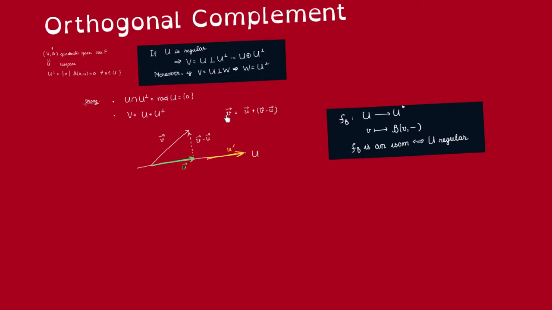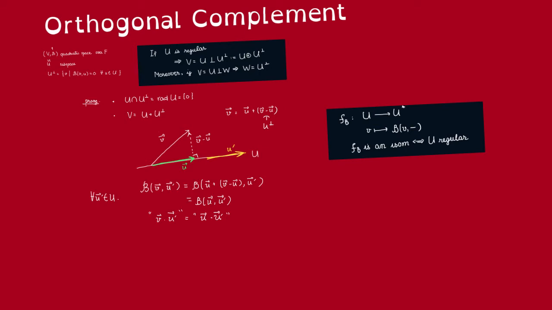That means that if I take a vector, little v, in V, I should be able to write it as a component u in U, and then v minus u should lie in U perp. In other words, given a vector v, I should be able to get an orthogonal projection u of v onto U. I should be able to define a projection of v onto U.